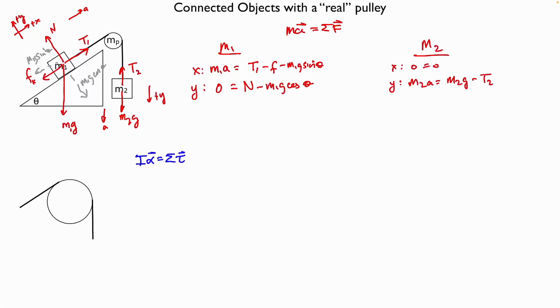This upper string, this one right here, which way is the tension acting? Remembering the tensions can only pull. They cannot push. Well, it is perpendicular automatically because it's a round pulley. But is the tension acting up that way or down that way?